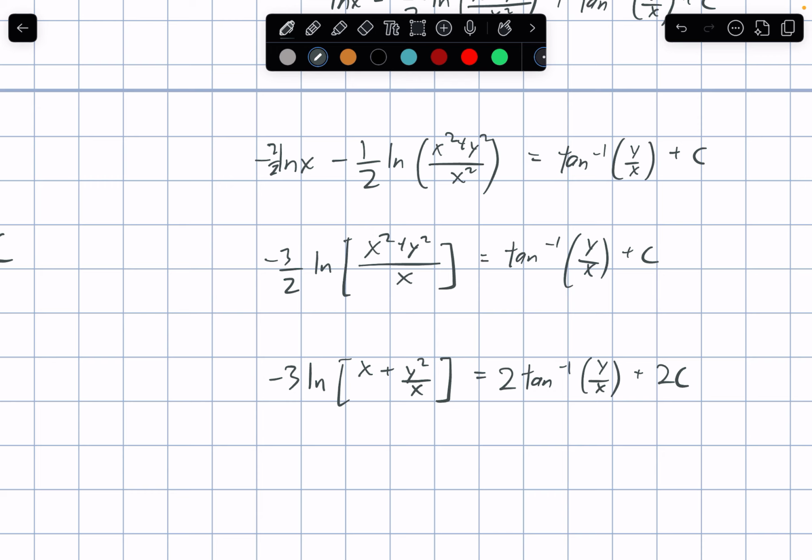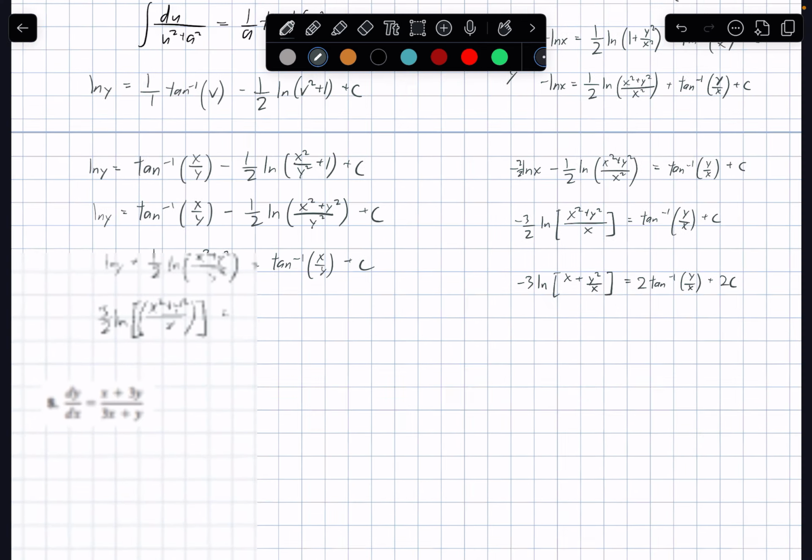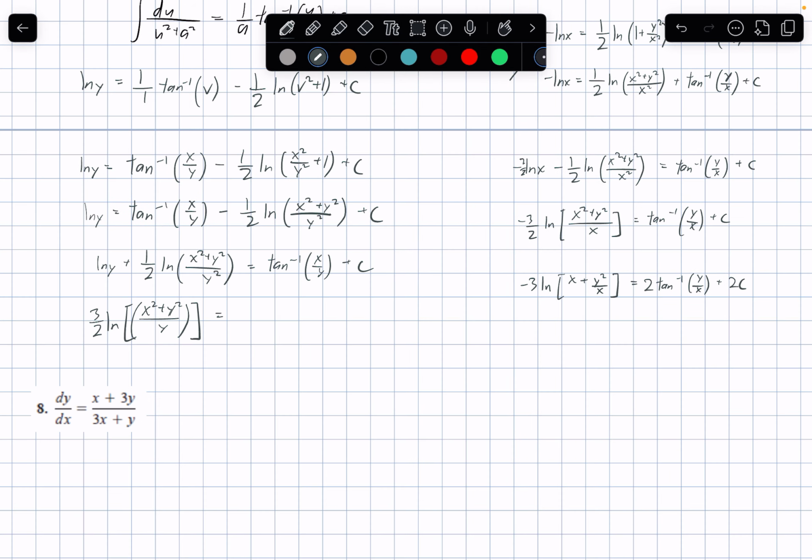I really wonder what's wrong. The answers are pretty close. So ChatGPT's answer is ln x squared plus y squared plus 2 arctangent y over x equal to c.